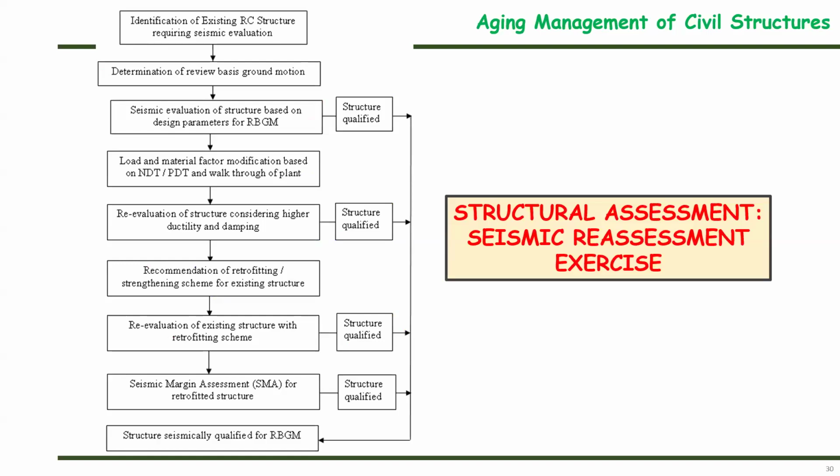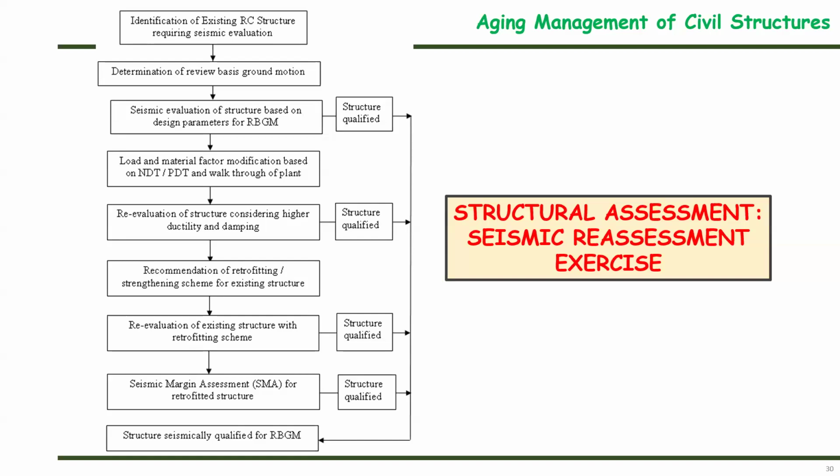We analyze and calculate the total demand in all the structural elements, and then compare it with the total capacity of the structural elements. If the demand is less than the capacity, then there is no problem; I can say my structure is qualified. But if the demand for some members is more than the capacity, then we have to go for a retrofitting option as a second step.